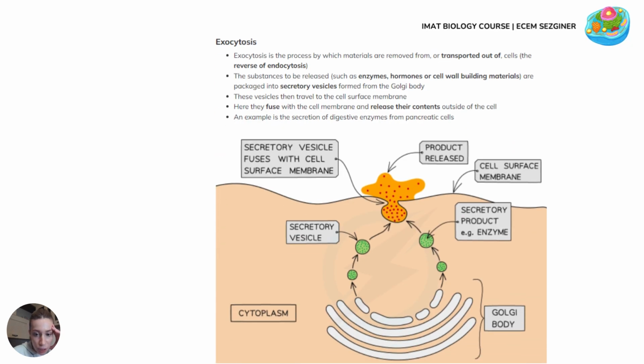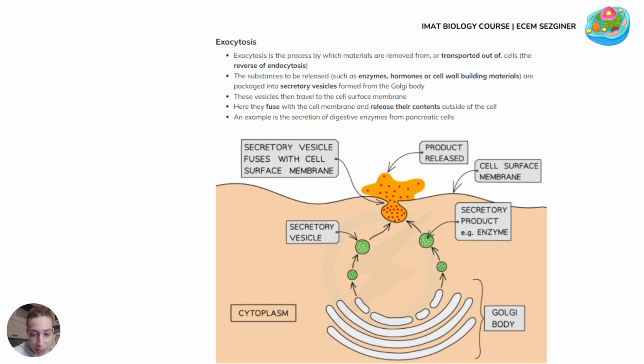And there is an opposite transfer. Endocytosis was to intake, and exocytosis, from the 'ex', you can imagine exit. So exocytosis is to make the material exit the cell, and we have to transport out enzymes, hormones, or other waste materials.